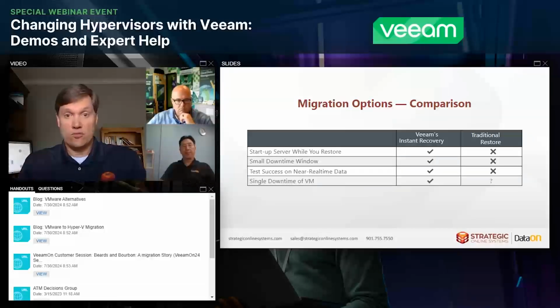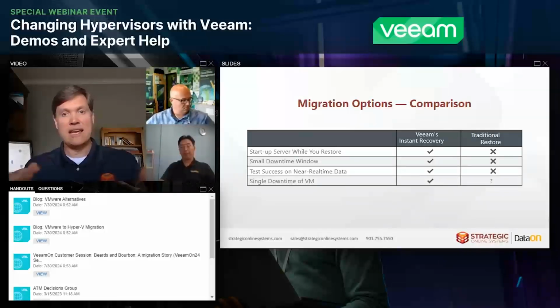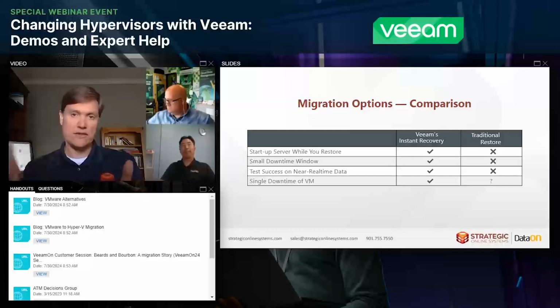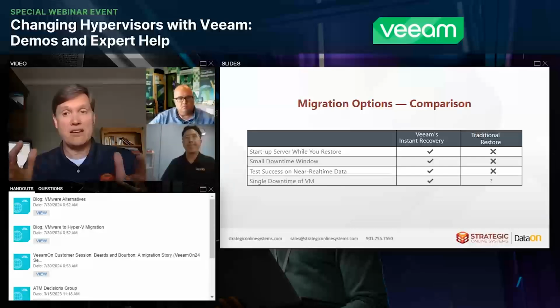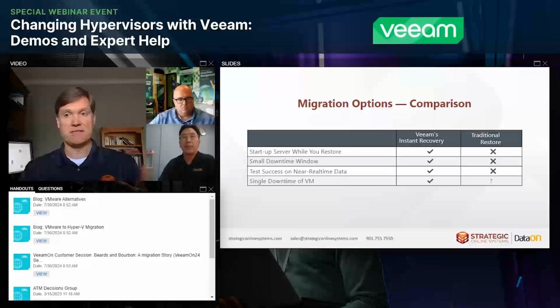Now, of course, right at the beginning, it's going to be slow as it's copying all the data over to your fast storage. But if you can identify a period of time where your VM doesn't have to be terribly performant in the first 10 minutes, then you can literally see a 15-minute downtime for a 5 terabyte VM. And we've done that quite a bit.